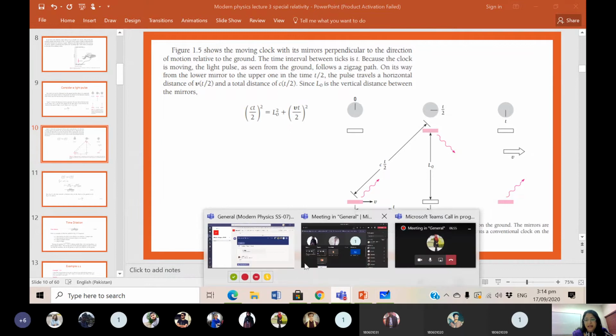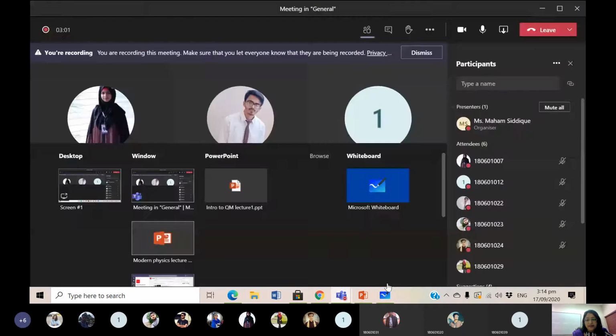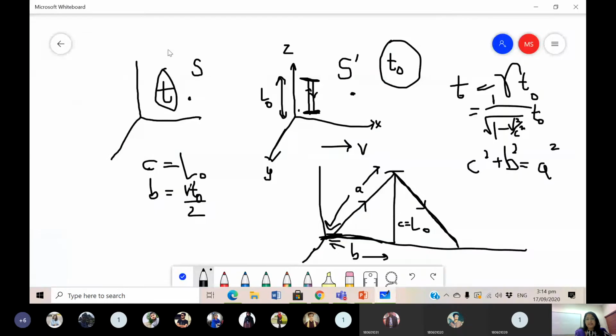Because we're talking about as seen from this frame. This frame will see a total time T, and for that total time T, from here to here it will take half the time, as seen from the S frame.